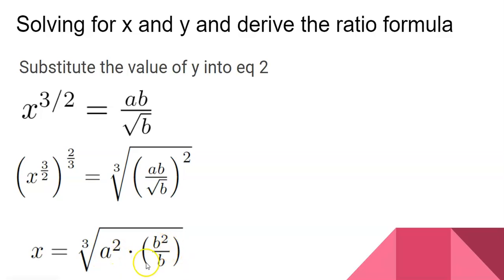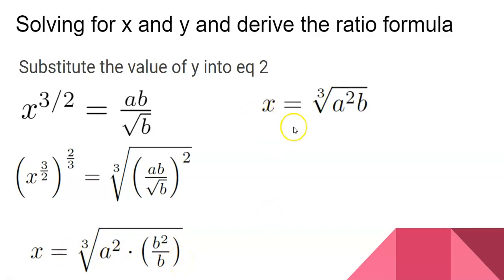For the radicand, we distribute the exponent 2 to a, b, and square root of b, all with the index of 2. We simplify further, so b squared over b is equal to b. So the value of x then will be cube root of a squared b.